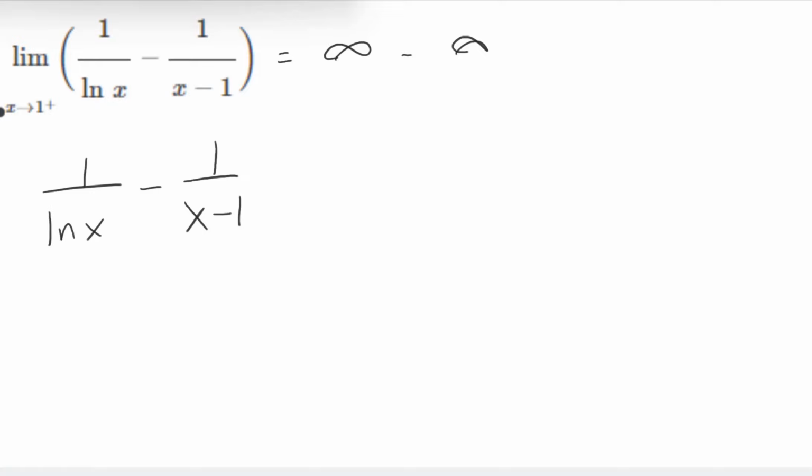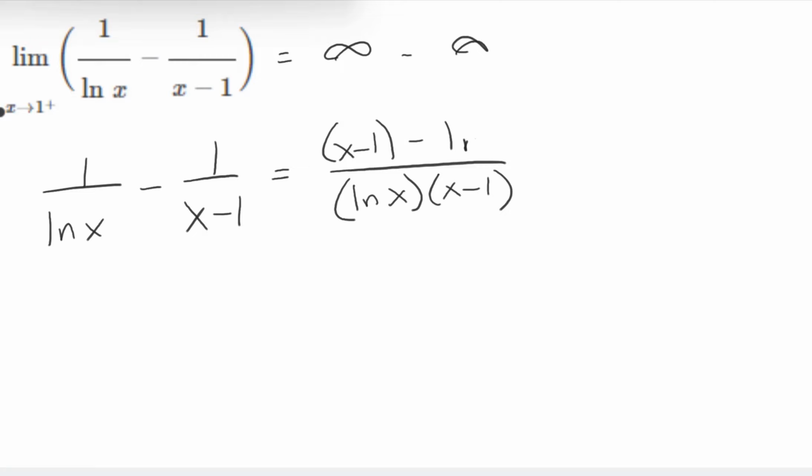How do I take two fractions and make one? Yes. So my common denominator is going to be ln of x and x minus 1. So this is going to be x minus 1, and that's going to be ln of x.